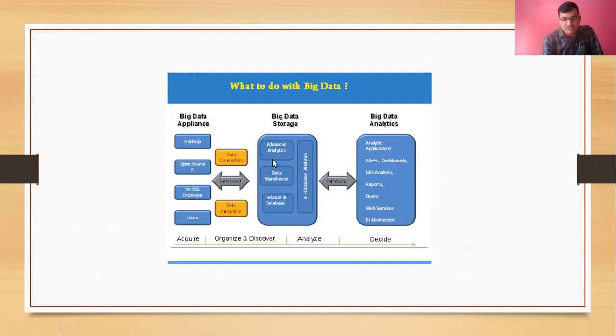Big data storages: advanced analytics, data warehouse, relational databases, in-database analytics. Next, big data analytics: analytic applications, alerts and dashboards, MD analytics, reports, queries, web services, BI abstraction. These are the works in big data applications, storages, and analytics.